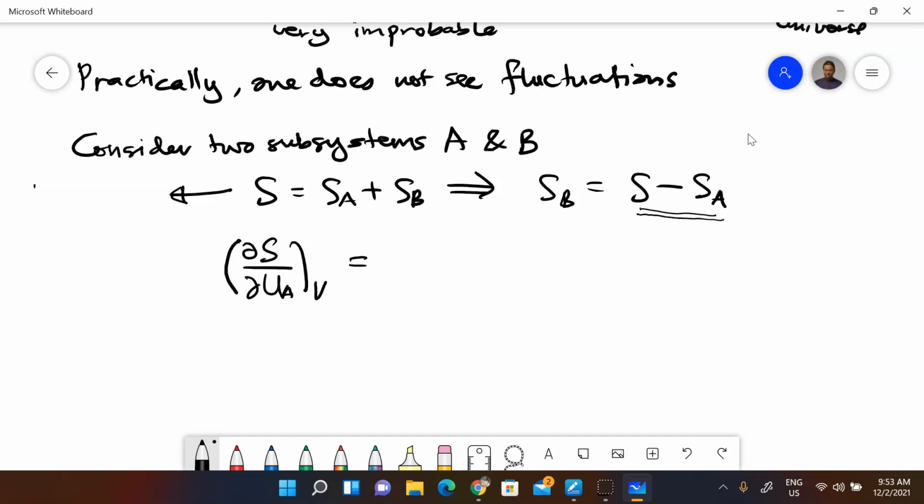That will give you 1 over TA from the previous thing. But you also need to differentiate the other part, which is S minus SA, and because of the negative sign, you have minus 1 over TB. So that is the first order derivative.